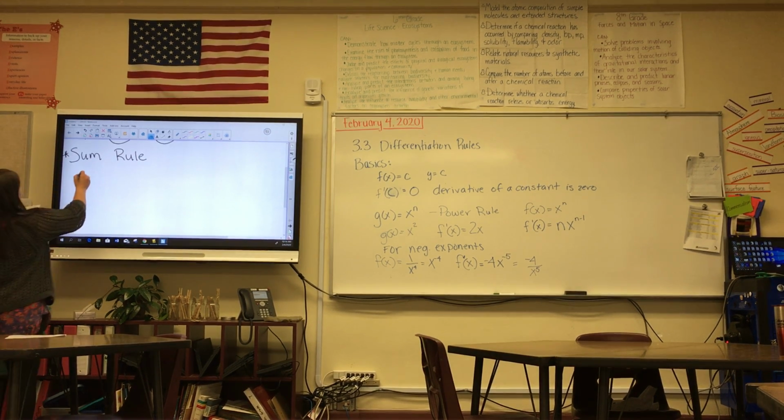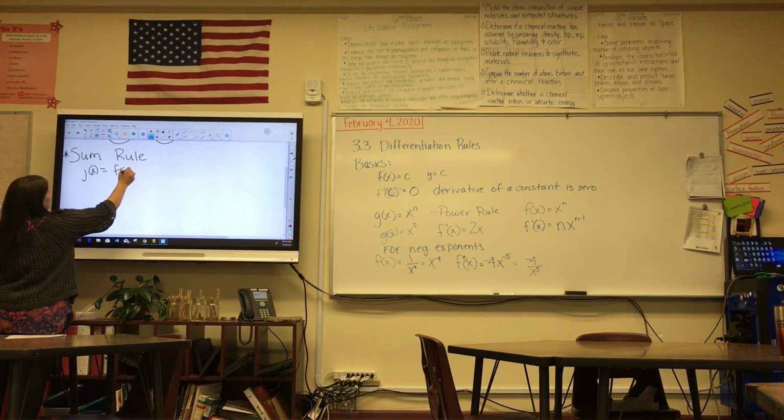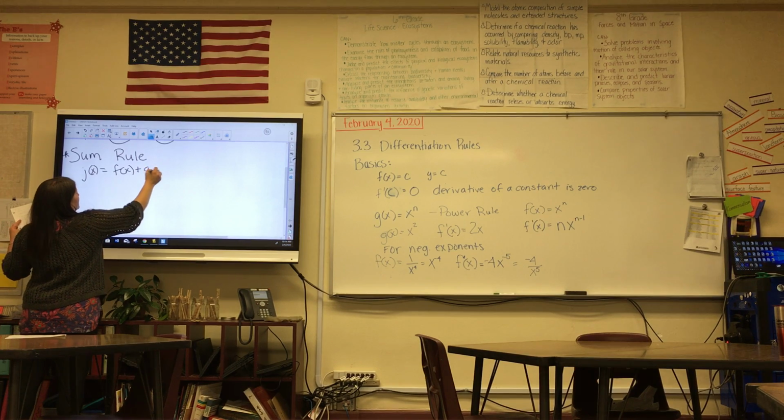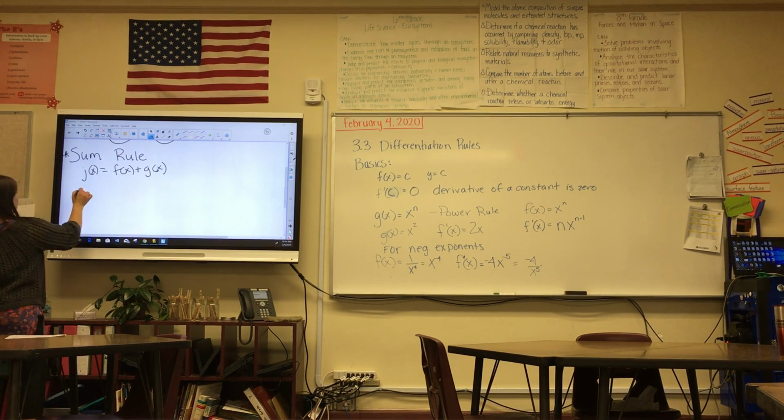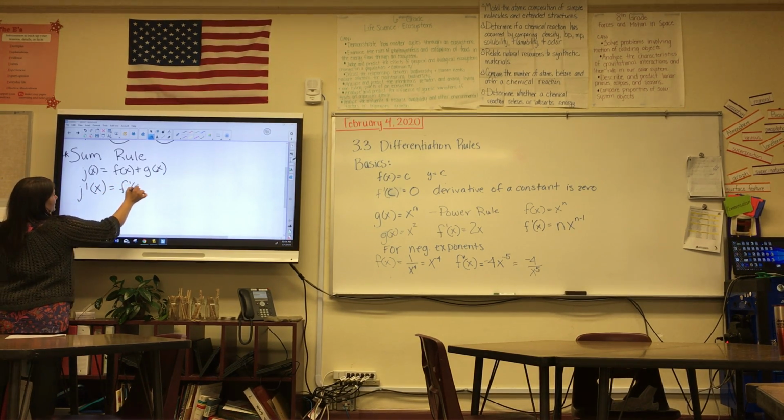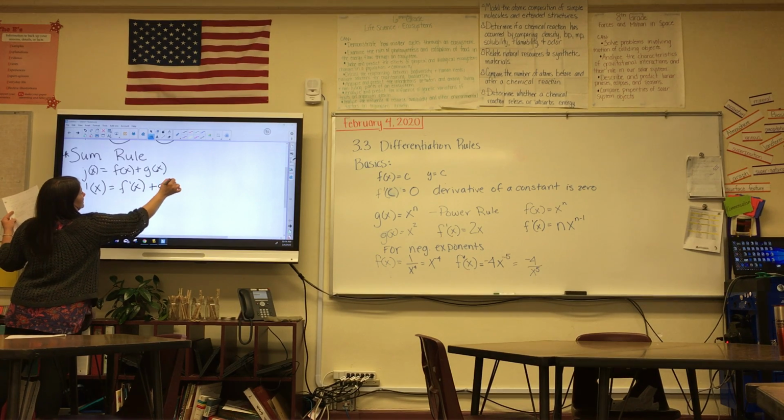It looks like this: if j of x equals f of x plus g of x, then the derivative, j prime of x, equals f prime of x plus g prime of x.